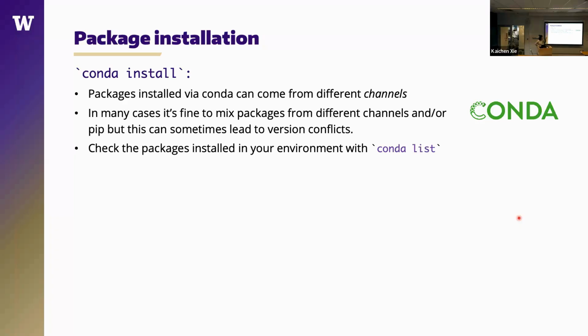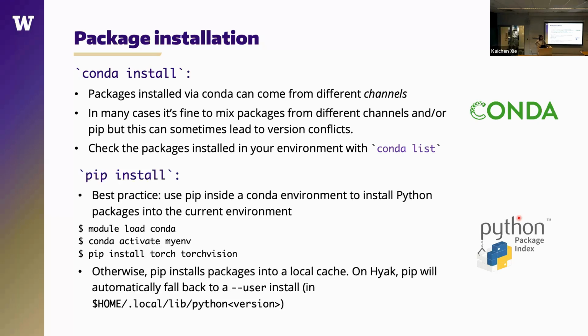And then to check the packages installed in the current environment, you can use conda list. Another way to install packages is to use pip install. The best practice to run pip install is to use it inside a Conda environment to install packages into the current environment.